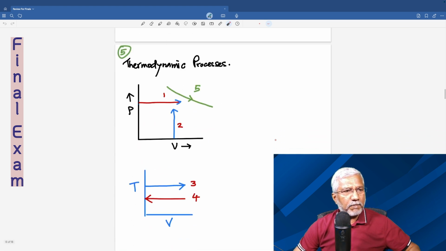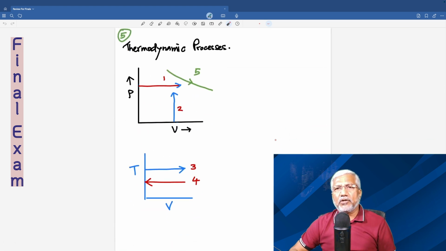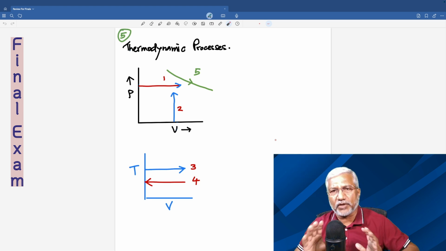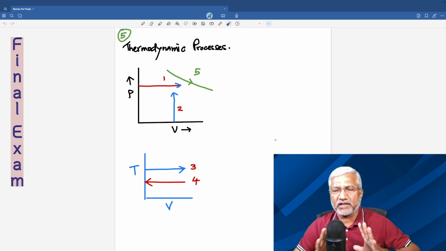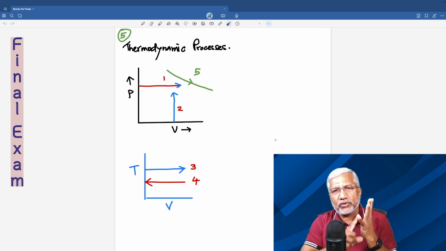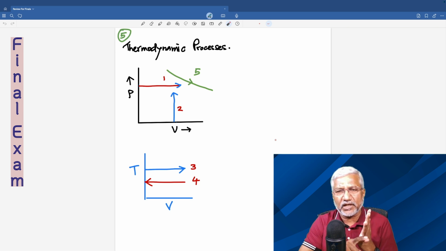Moving on, we come to thermodynamic processes. When we talk about thermodynamic processes, there are basically 4 types of processes. Isothermal means temperature is constant, because iso stands for constant. Isothermal, temperature constant.